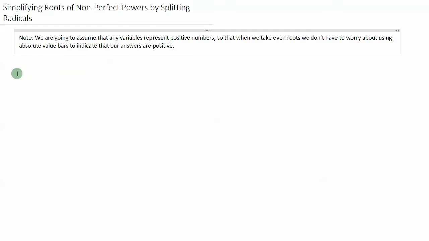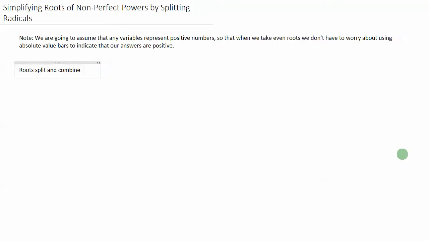So the first thing we'll do as far as this new concept goes of simplifying roots of non-perfect powers is we'll start by saying that roots split and combine nicely with multiplication and division. Okay, that's pretty important.